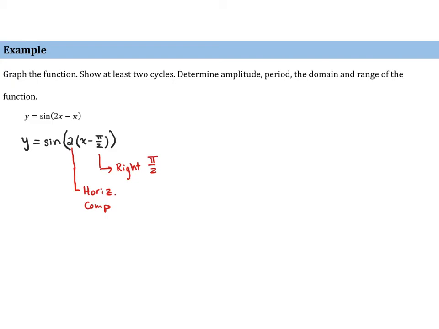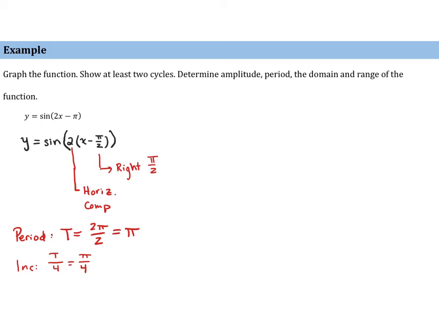So, what is the period? The period is originally 2 pi, but will be divided by 2. So the period is pi. The increment is the period divided by 4, so pi over 4.